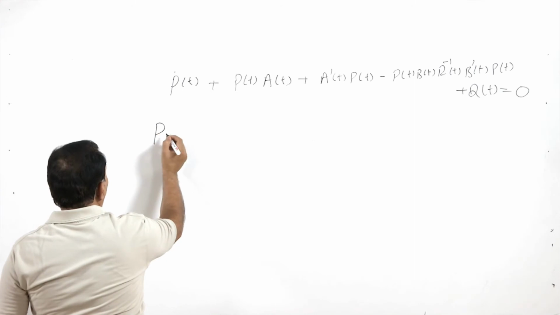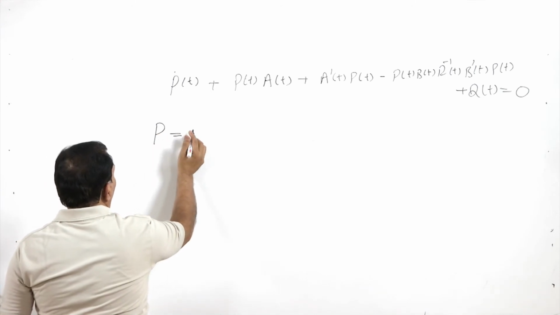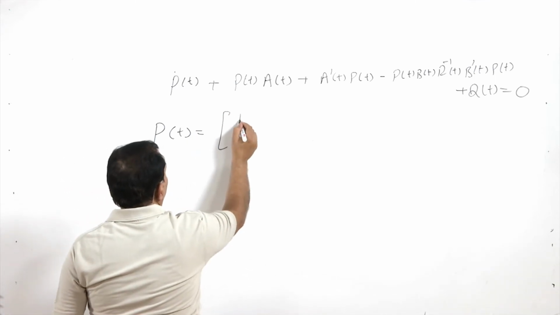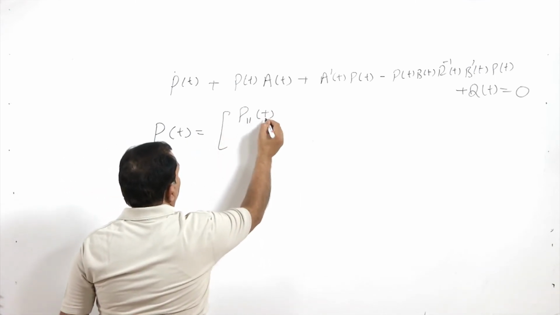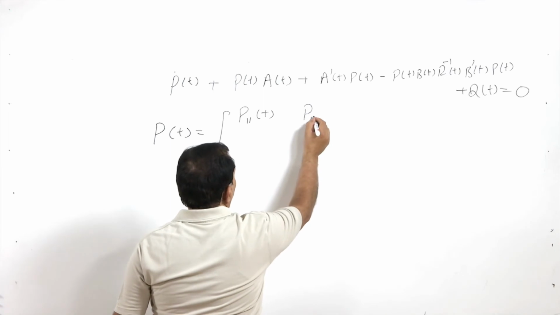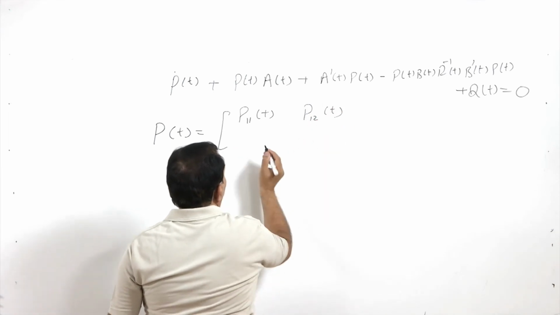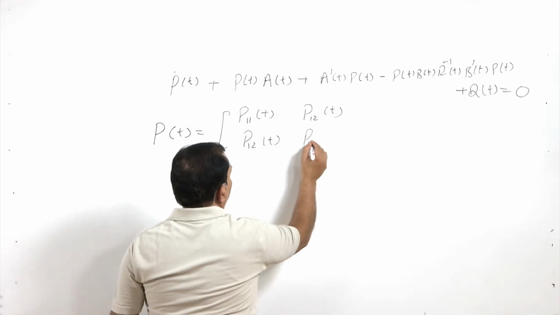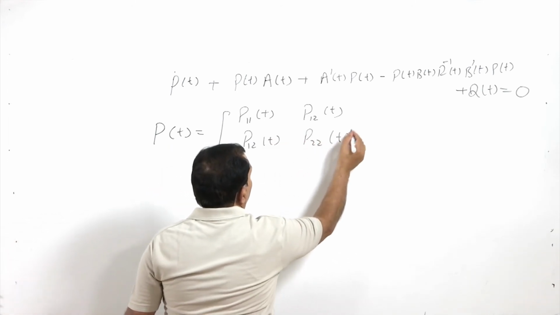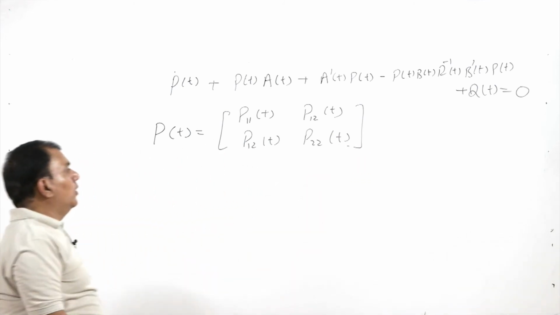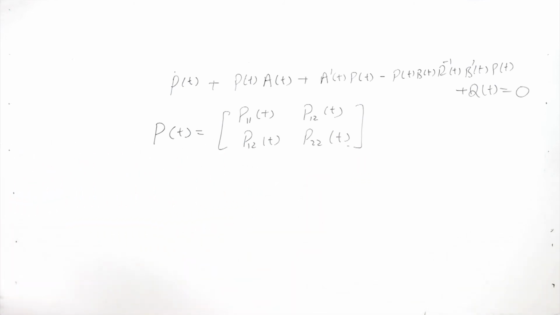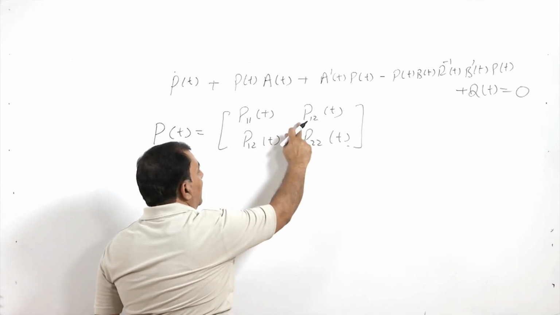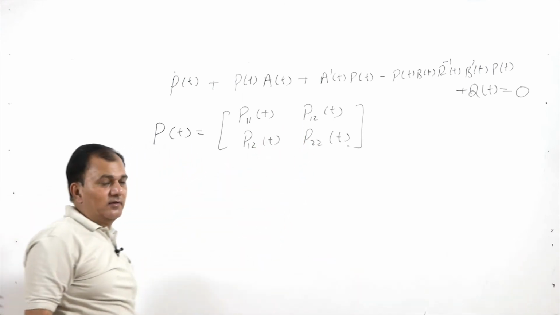For a second order system, I consider my P(t) as P11 of t, P12 of t, P12 of t and P22 of t. So, we have considered this matrix as a symmetric matrix.